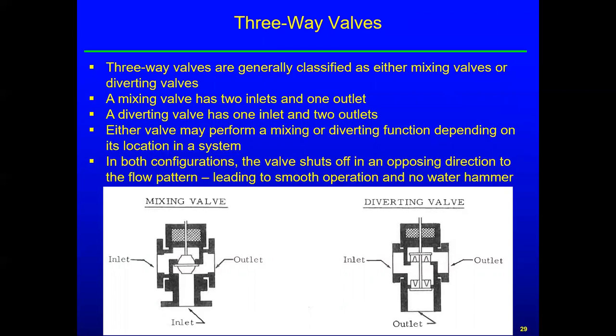It just changes the piping a little bit. So you want to make sure that the valve shuts off in an opposing direction to the flow pattern, again, like we talked about on the previous slide.